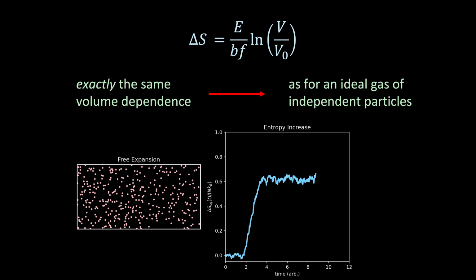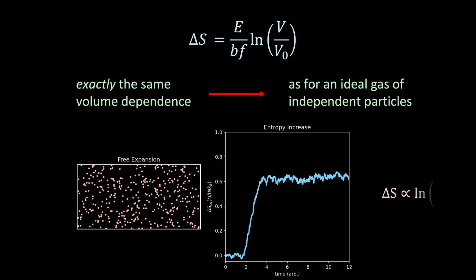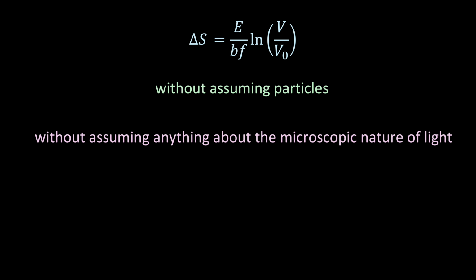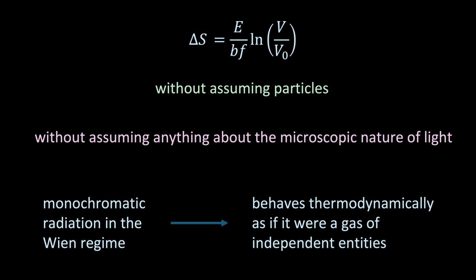For a gas with fixed energy and fixed particle number, expanding from V0 to V, the entropy change is proportional to the logarithm of V over V0. And here we see that without assuming particles, without assuming anything at all about the microscopic nature of light, Einstein has found that monochromatic radiation in the Wien regime behaves thermodynamically as if it were a gas of independent entities.